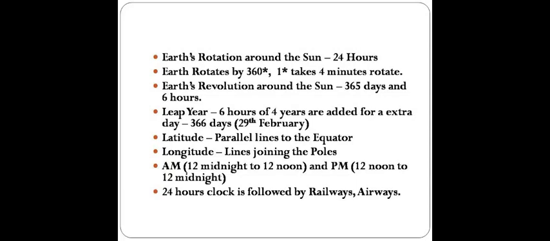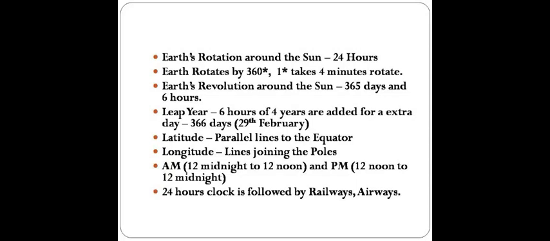Now if you see Earth is circular in shape, we call it, right? Round in shape. And if you see the degrees, Earth is divided into 360 degrees. And when the Earth rotates, 1 degree takes around 4 minutes to rotate. How many? 4 minutes. 1 degree takes 4 minutes to rotate.